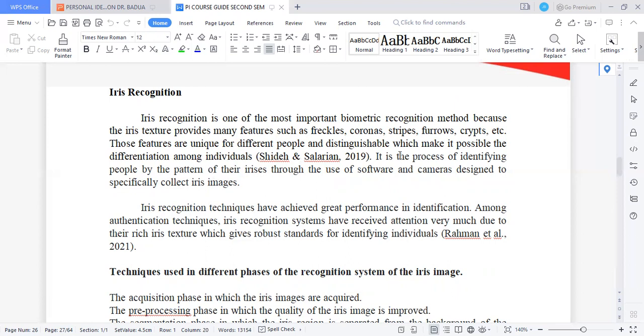So what is being undertaken here is identifying a person by the pattern of their irises, with the aid of software and cameras designed to specifically collect iris images.